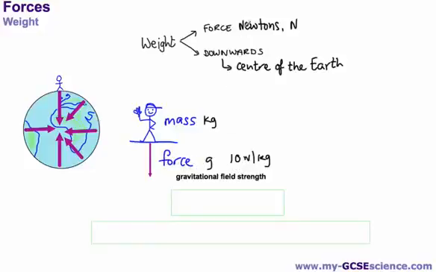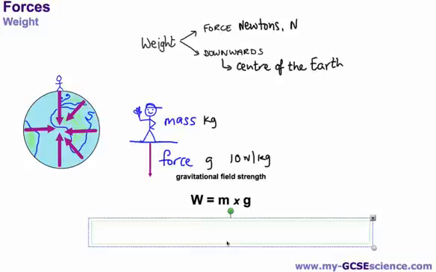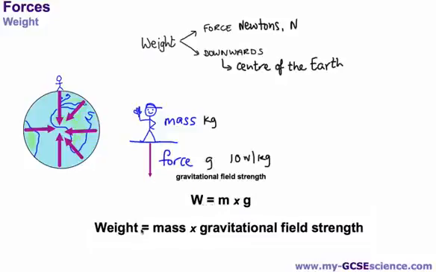Now, the formula that you need to know, you might have guessed this already, is that weight is mass times G. And in terms of the exam, they'll tell you what to use for G. Most of the time, I've only ever really seen them use 10 newtons per kilogram, but if they want to use something different, they'll tell you so that you don't get confused. The meaning of these letters is W is for weight, mass is obviously M, and G is gravitational field strength.